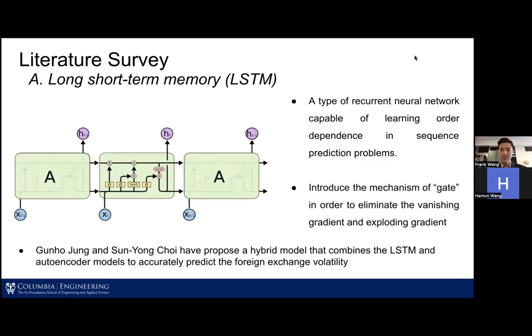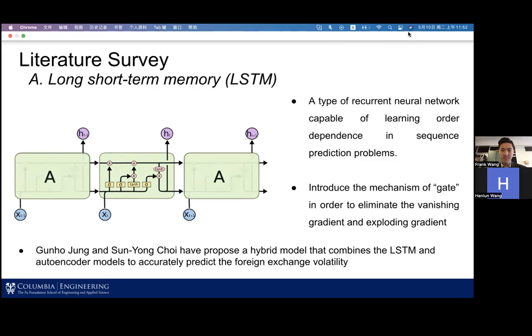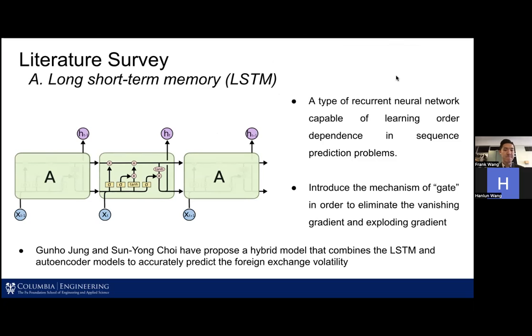Here's our literature survey. We use a model called long short-term memory, LSTM, which is a type of recurrent neural network capable of learning order dependence in sequence prediction problems. This model uses gates to control whether the model will memorize the previous states, so this is very suitable for prediction learning.